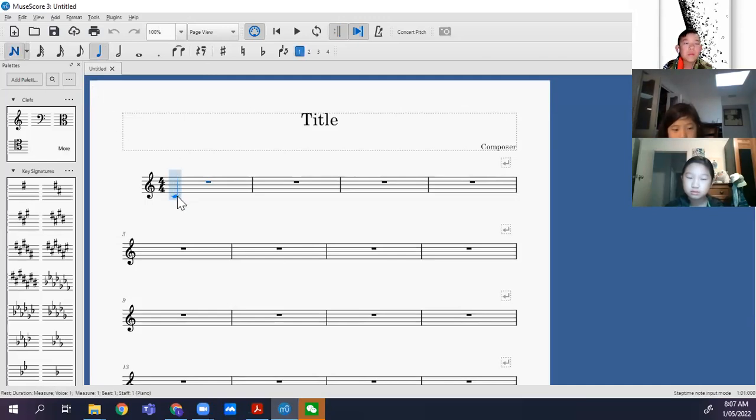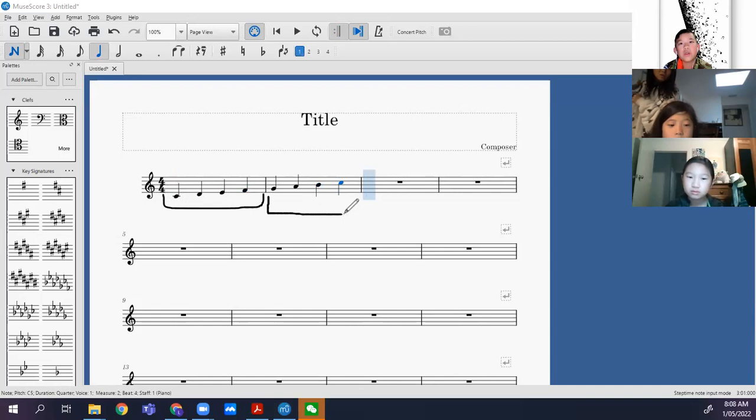So here is C major. Here are the 2 tetrachords. And now I take the upper tetrachord, G, A, B, C, and I can build it into G major.